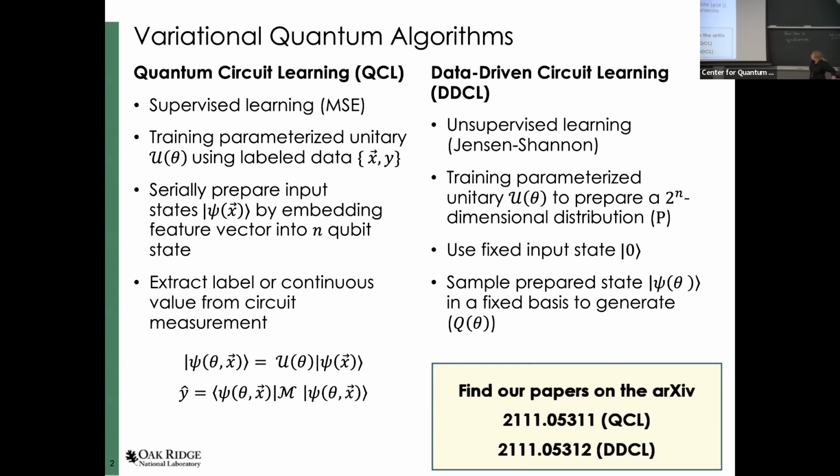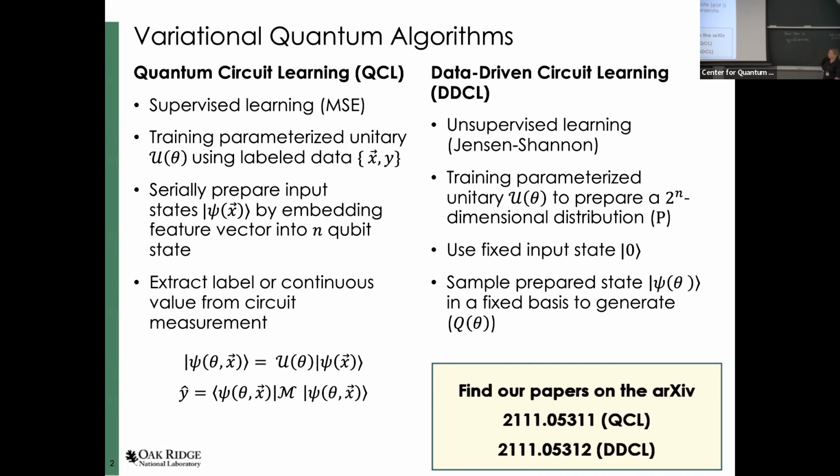The main idea is that we have feature vectors, which we are going to use to prepare initial states, and we run our parameterized unitary on top of them. And then we extract our label or output from making measurements on our final state.